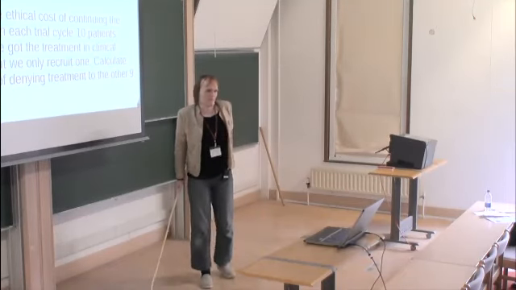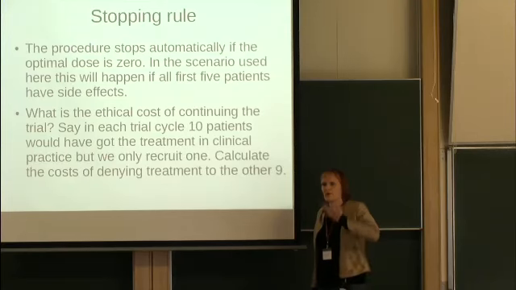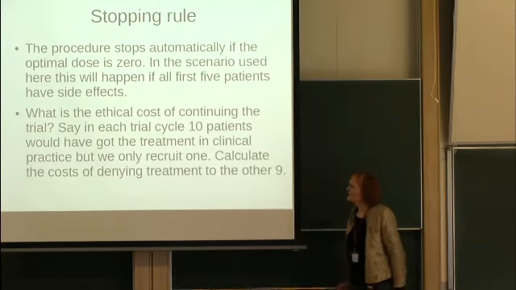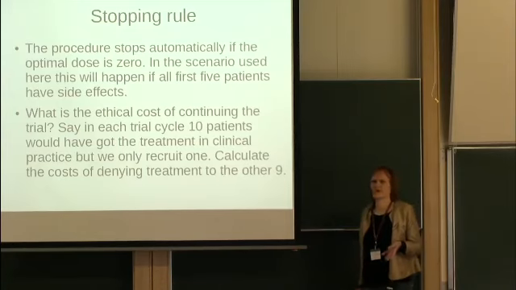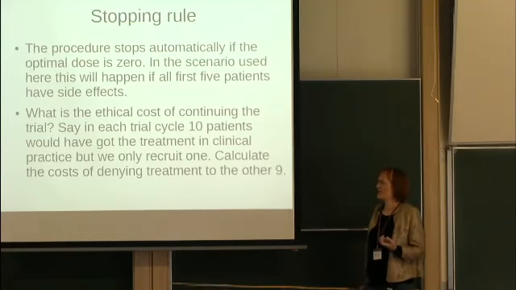Of course, we also want to stop when we have enough information, and one will probably have to factor in some financial considerations here. I don't think it's realistic to say that the stopping rule is a purely ethical thing.